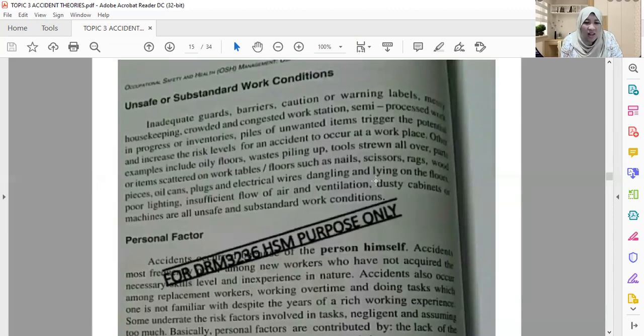So there is poor lighting, insufficient flow of air and ventilation. Like if you have your own aircon, the air conditioner has to have proper ventilation. Kena ada service lah. Dusty cabinets, meaning to say you're not doing what we call feather flocks of cleaning, okay, dusty is everywhere, and machines are all unsafe and substandard work conditions.